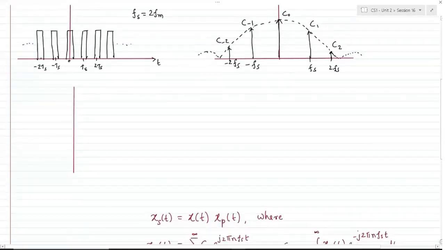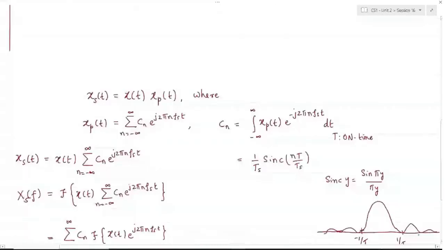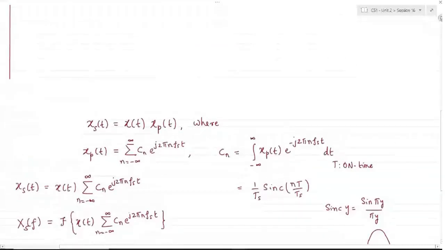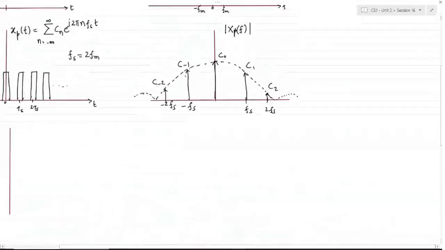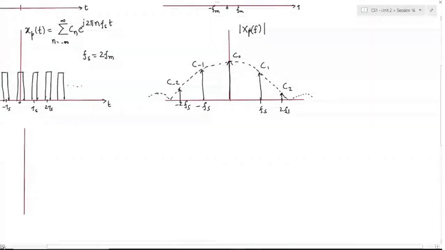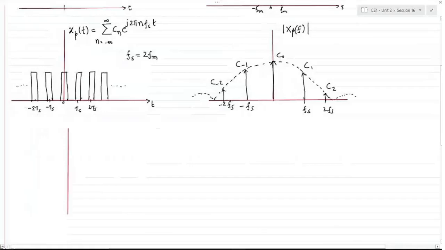Okay, so understood. Yeah, this is the sinc version which I have written, just to make sure that these are the coefficients which are derived from that sinc function. Just to ensure that, I have written these dotted lines. There will not be any samples in between 0 and fs or fs and 2fs.